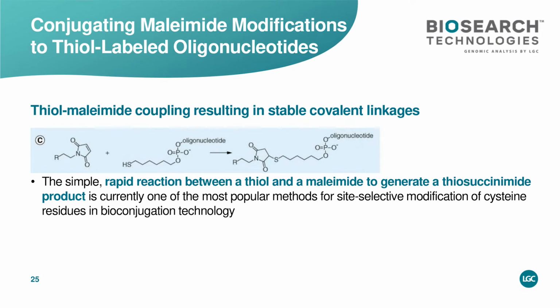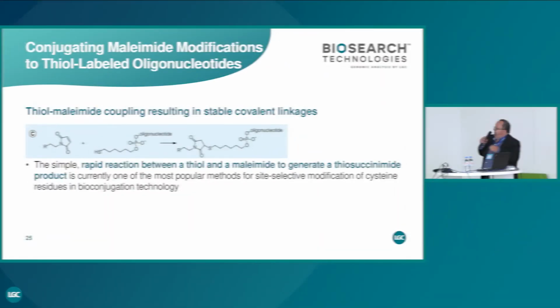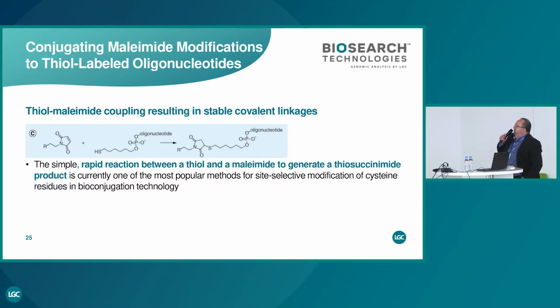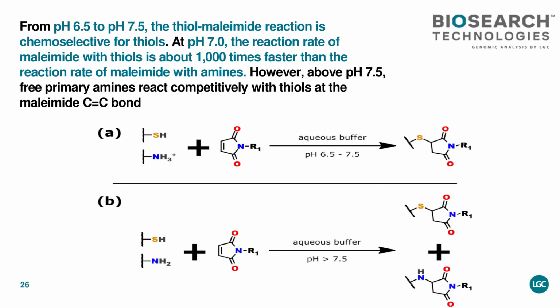And another possibility of conjugation is a thiol with a maleimide. And you can have a very stable covalent linkage. So you see there is the thiol on the oligonucleotide, and you arrive with a maleimide, and you obtain the final oligo you want. It's very rapid, very stable, but it's also pH dependent.